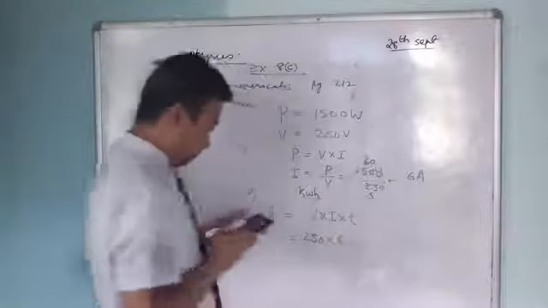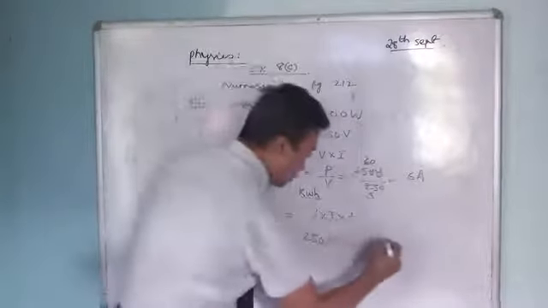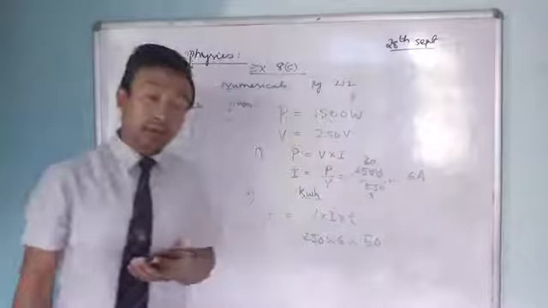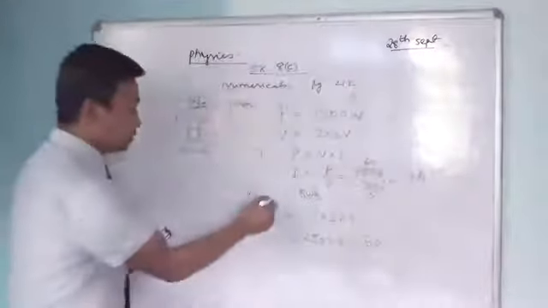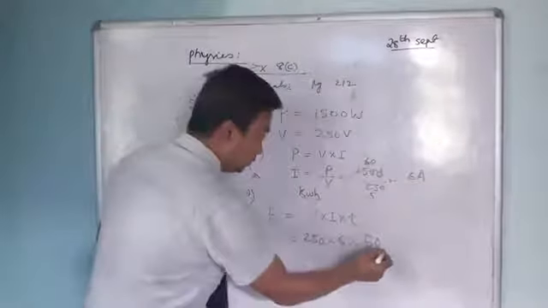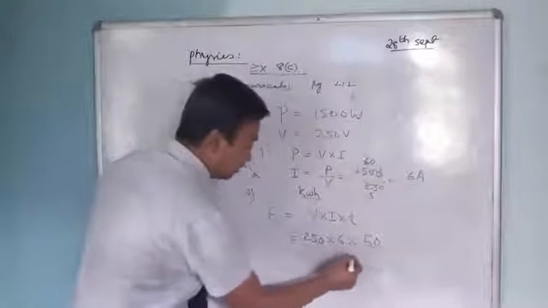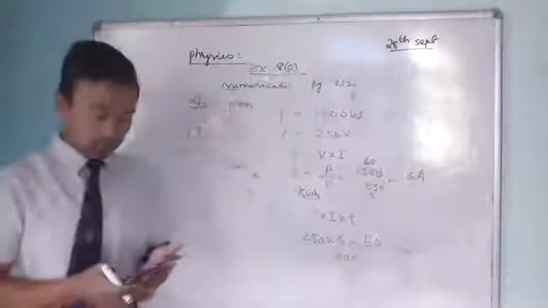And the time, it is flowing for 50 hours. So time you will keep in hours. But since this will give you watt, and we know the commercial unit is kilowatt hour, when you change the watt, you have to divide by 1000. Then it becomes kilowatt hour.